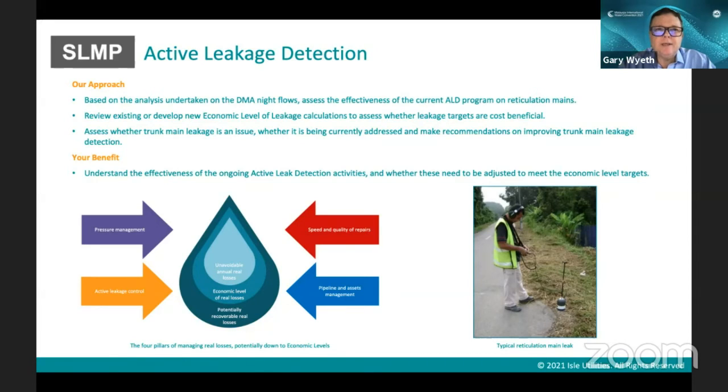I know every utility that has done leak detection on their trunk mains has found plenty of leaks without trying too hard. So trunk main leakage is something that is always recommended when we're developing a system leakage management plan, and it's often because utilities are not doing it at this time.